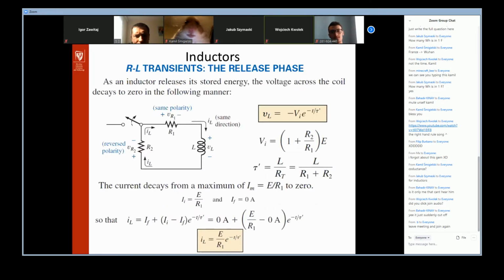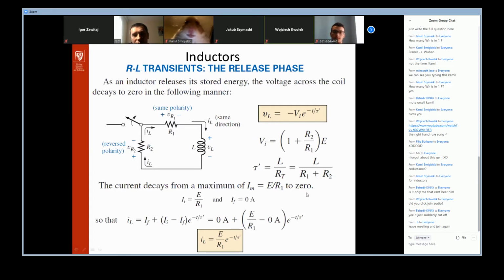What else? What about the currents? When we have this changing process, you have to remember that they want to go from the maximum to zero. Because in the storage phase, this current IL was maximal, and for the release phase, sorry, this current is going from maximal to zero.